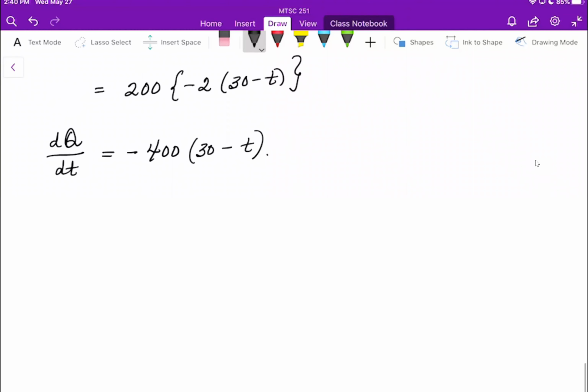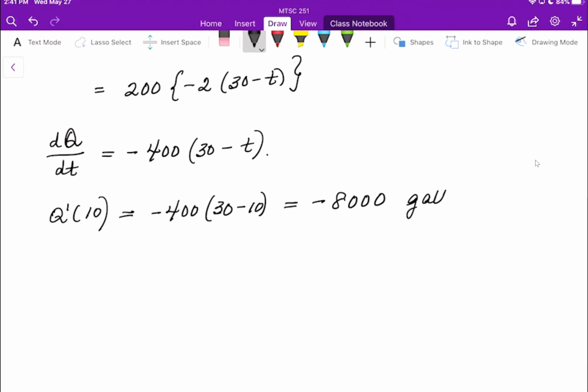So therefore, Q prime at 10 is going to be minus 400 times 30 minus 10, which turns out to be minus 8,000 gallons per minute.